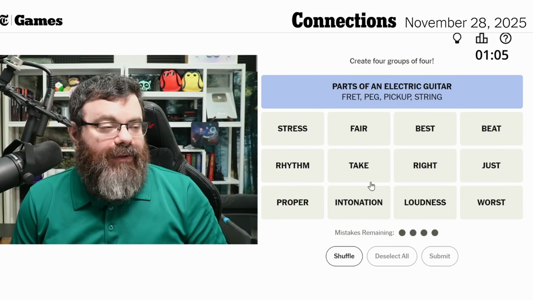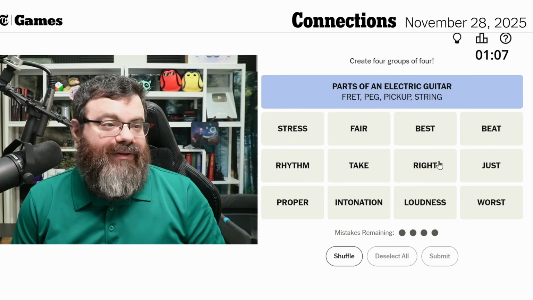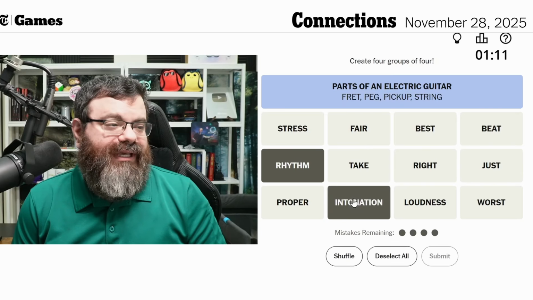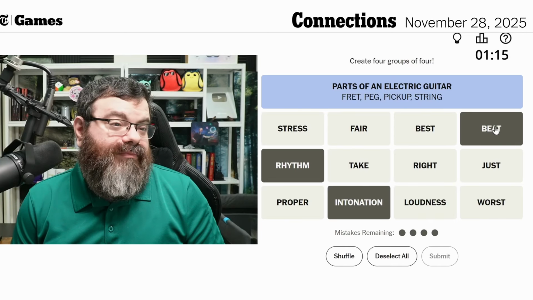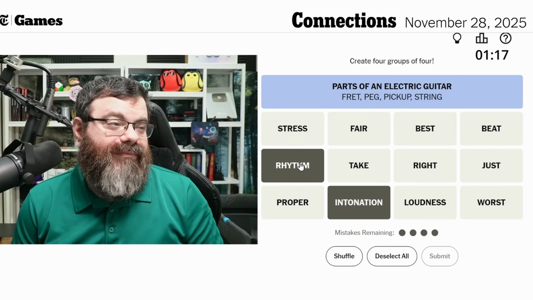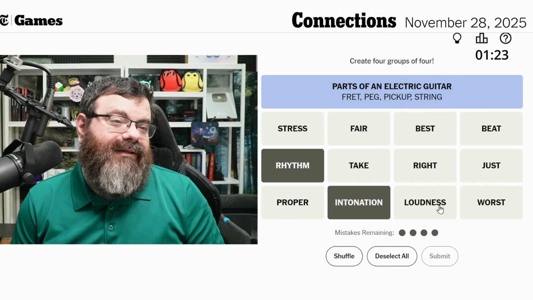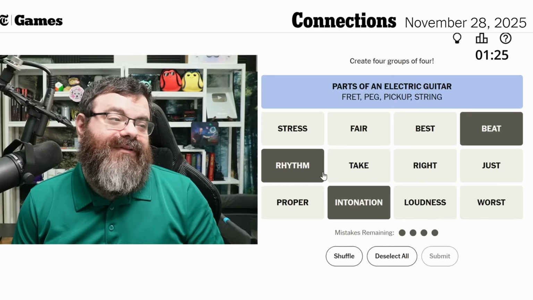Interesting. Okay, so I don't think today is going to be too difficult if that was blue, but we'll see. And I do think we have rhythm and intonation. Beat is kind of the same as rhythm. Stress, loudness. I mean, a beat is a little bit different than rhythm.